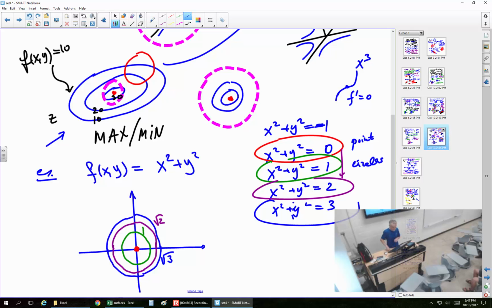Because the sum of two squares has to be non-negative. So what's the curve? X squared plus y squared is equal to negative 1. Find all x and y that satisfy this equation. The answer is none. So empty. The empty set. So there's no curve.